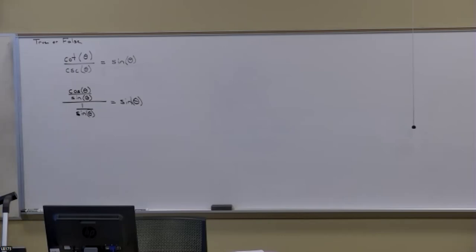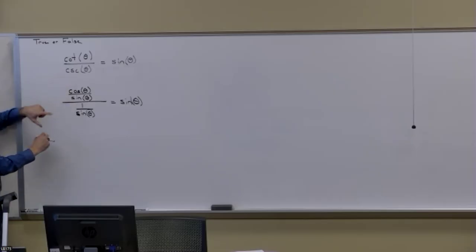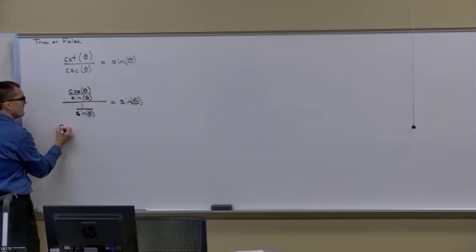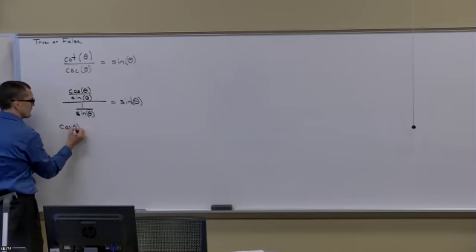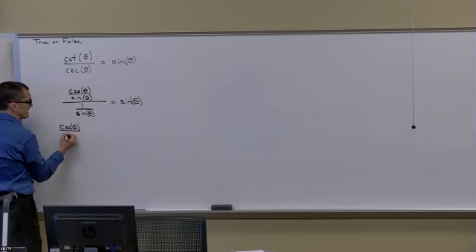Now, as long as we know how to divide fractions right now, we're going to be done. When you divide fractions, essentially these denominators being the same are going to cancel each other out, and we'll get cosine over 1. Does that make sense? The reason why those denominators cancel out is, I'll write it this time, I usually don't write this step, because dividing by a fraction is the same thing as multiplying by the reciprocal of that fraction.